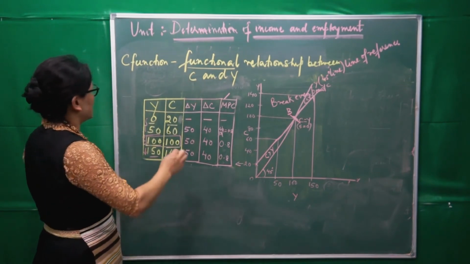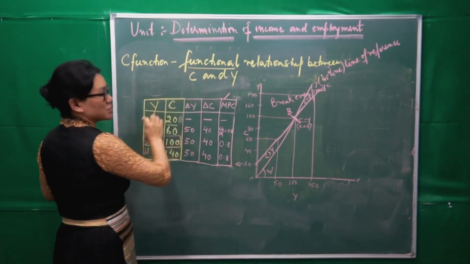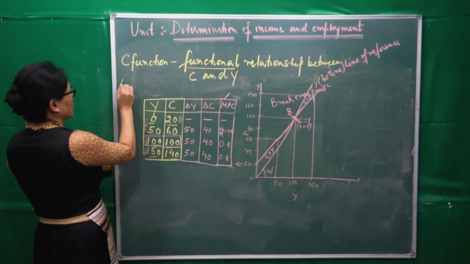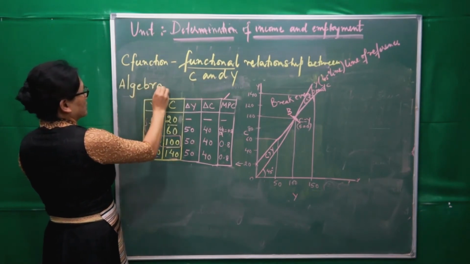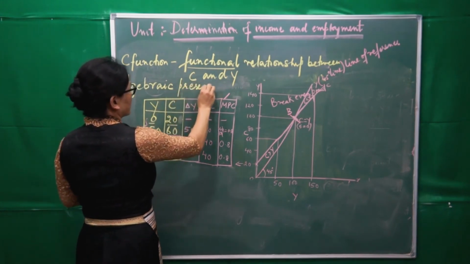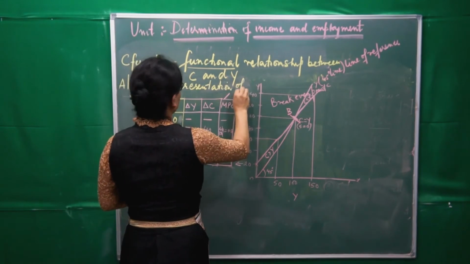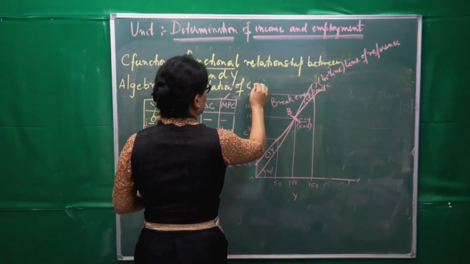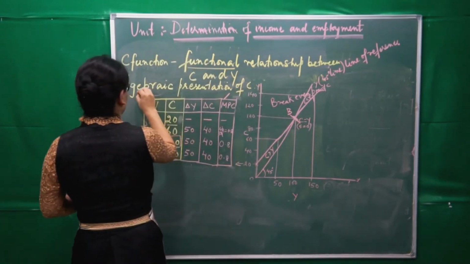Okay. Now I'll put it up like this. We will go for this functional relationship. Okay. The topic is algebraic presentation of the C function, the consumption function.